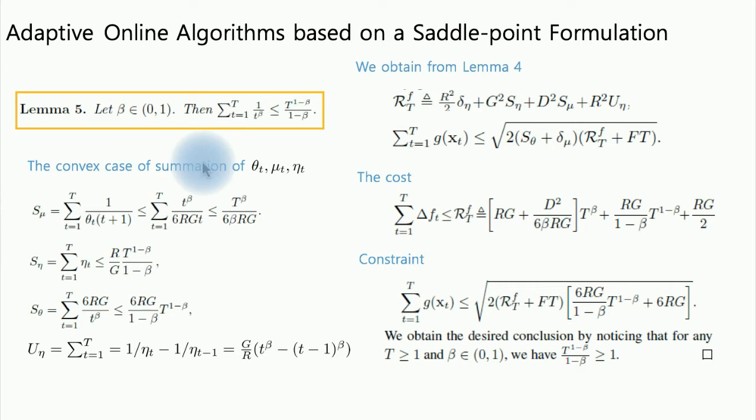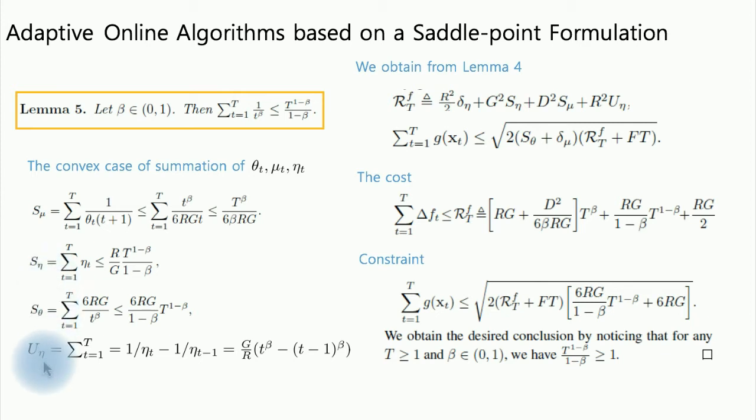With the above lemmas, we now prove theorem 1. For the proposed choice of theta t, mu t and eta t, we can verify that C1, C2, and C3 hold. By the choice of eta and theta in table 1, we can get, in the convex case, a summation of mu t and eta t and theta t.